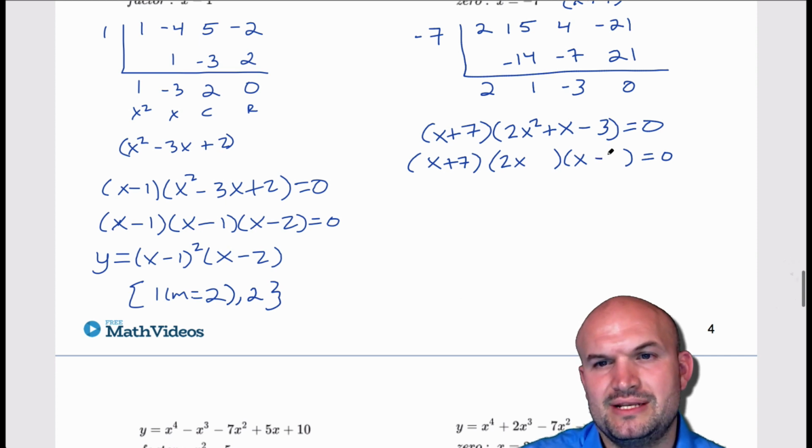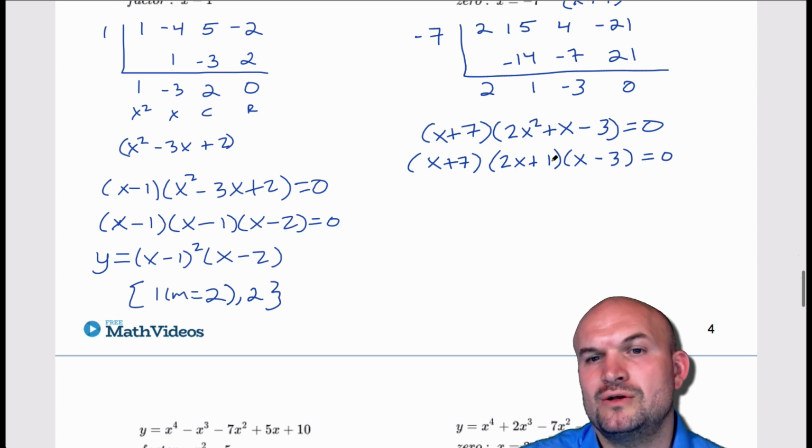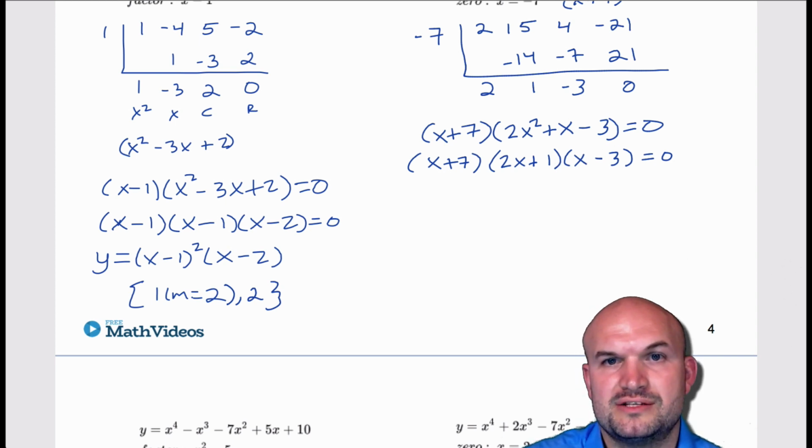So why don't I do a negative 3 and a positive 1? That gives me negative 3, but it gives me a negative 6x and a 1x, so that doesn't work. That's close, but I've got to switch those around. I think if I switch these around, that will give me what I need. So why don't we do a negative 1 and a positive 3.